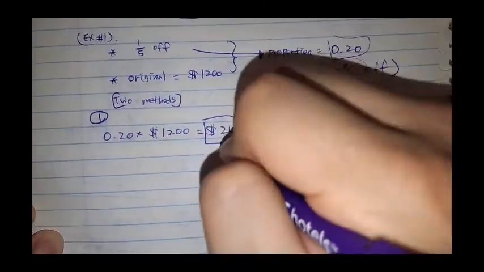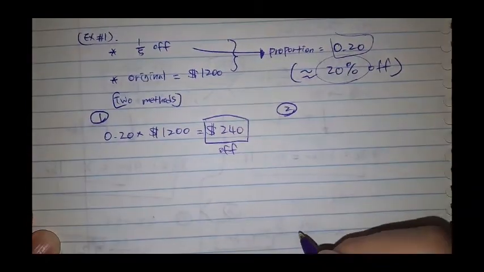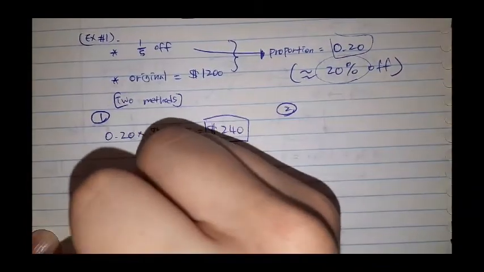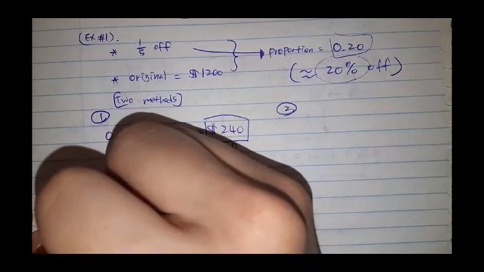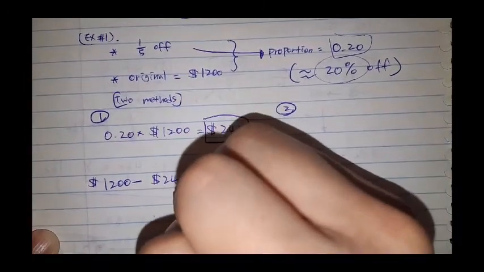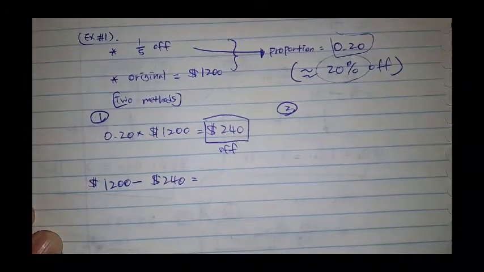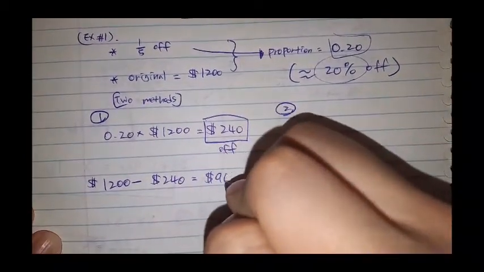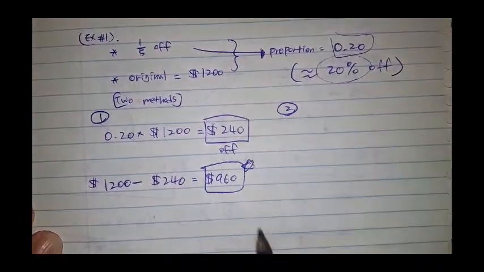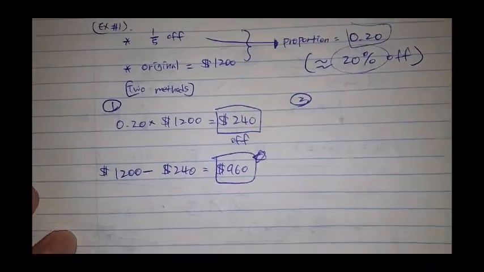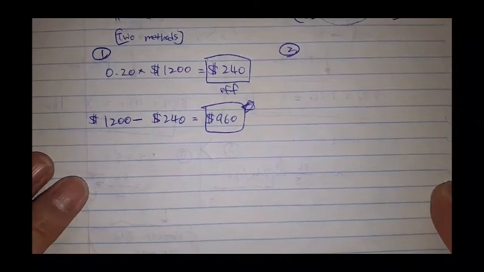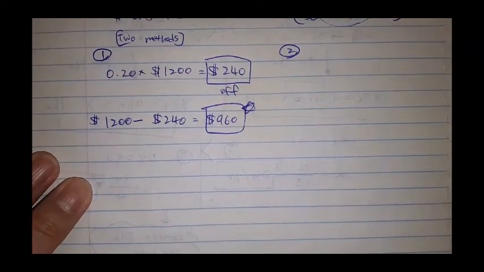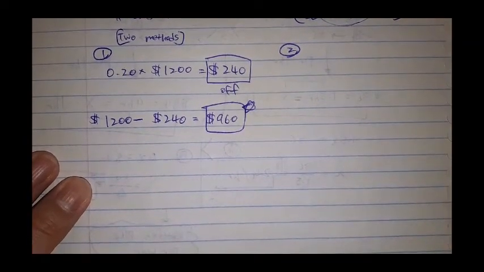Then you will have $240. Now, this is how much you need to take off. So from the original value, you subtract that amount. 1,200 minus 240 gives you 960.